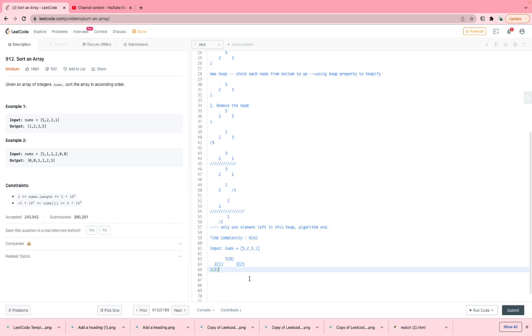For this one, we can see the height at the left one is 0, the height here is 1, and the height here is 2.